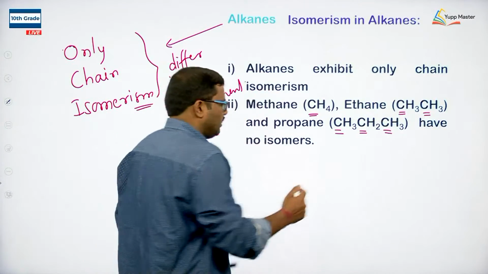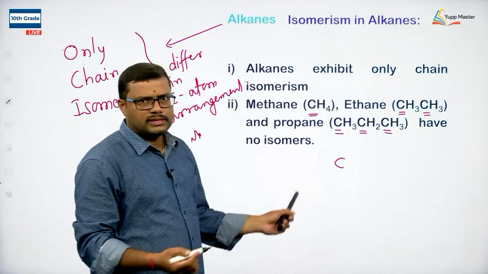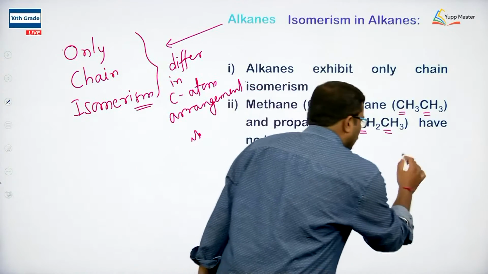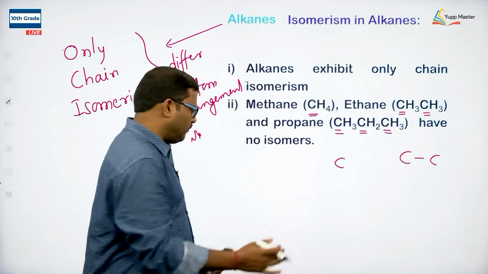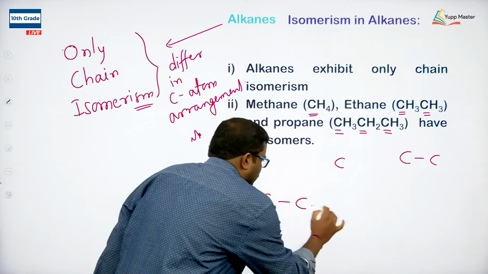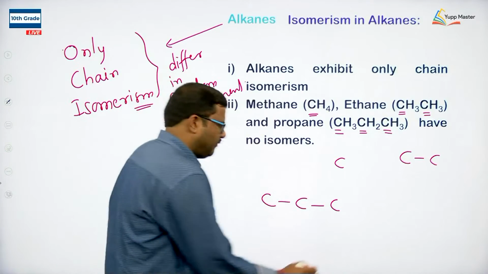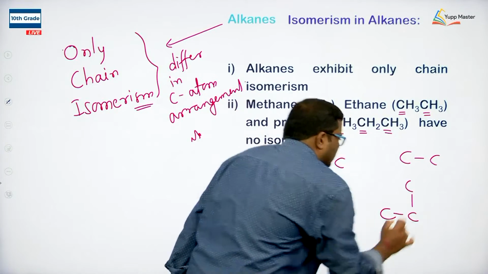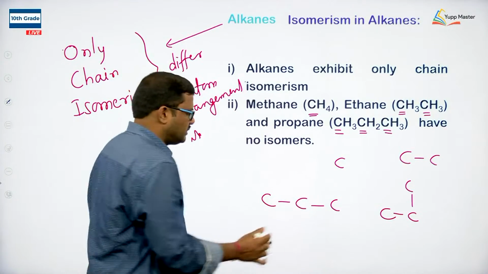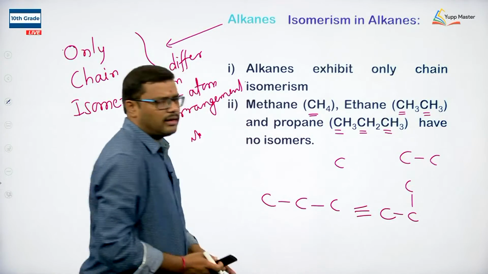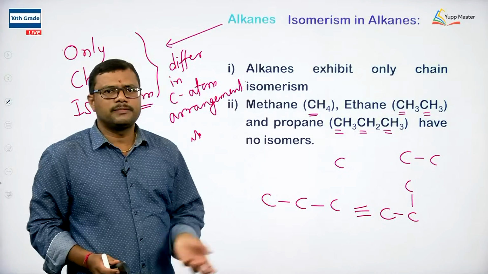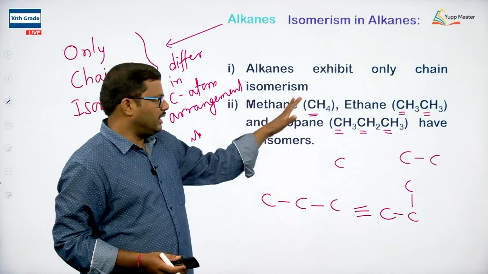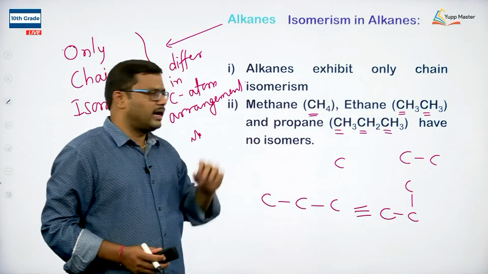With 1 carbon, there is no other chance, we can write it only this way. If we have 2 carbons, only this way, you cannot connect them in another fashion. If we have 3 carbons, let me write it this way, or if I take C-C-C, of course both are the same. So we cannot arrange the carbon atoms in different fashions in alkanes containing 1, 2 or 3 carbons.